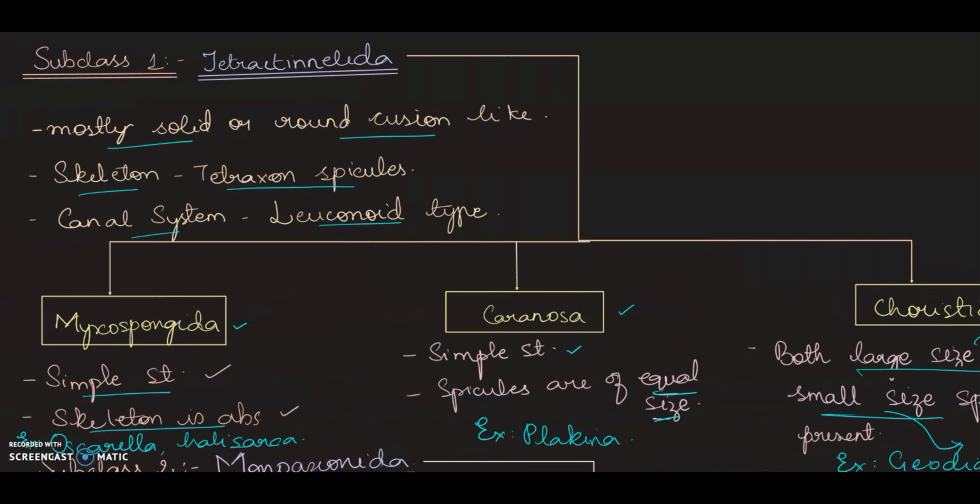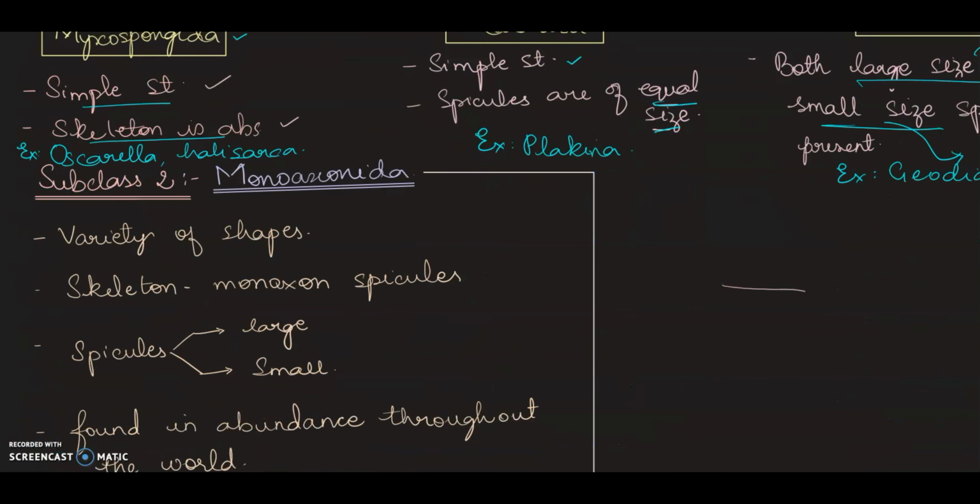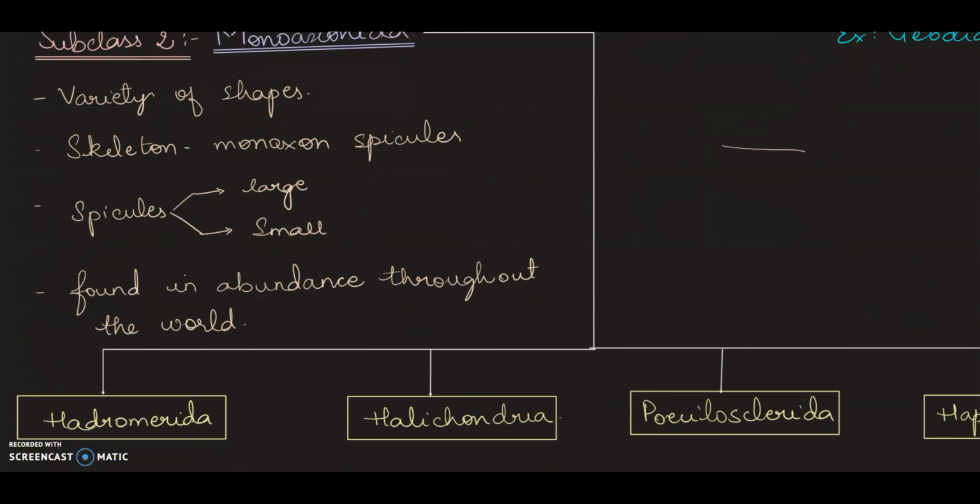Now having a look at the second subclass, that is Monaxonida. Sponges under Monaxonida are of a variety of shapes, from rounded mass to branching type or elongated, stalked or stalkless. Skeleton is made up of monoaxon spicules, and spicules may be large size spicules or small size spicules.